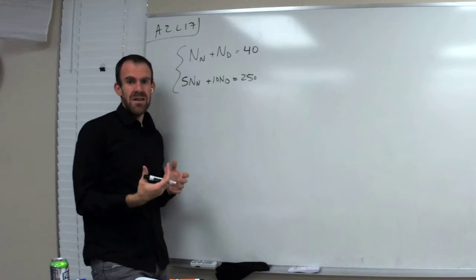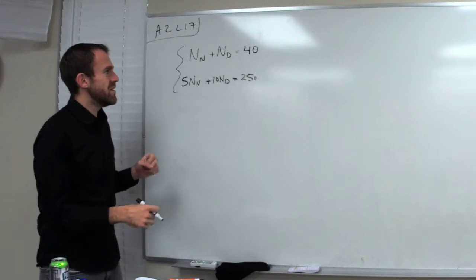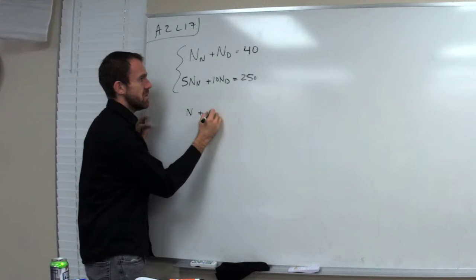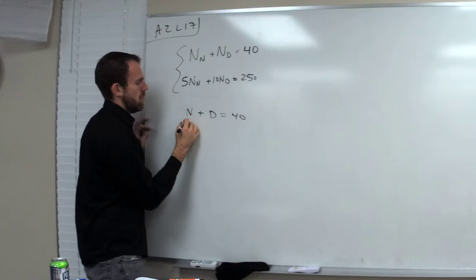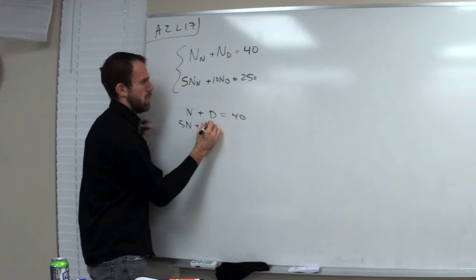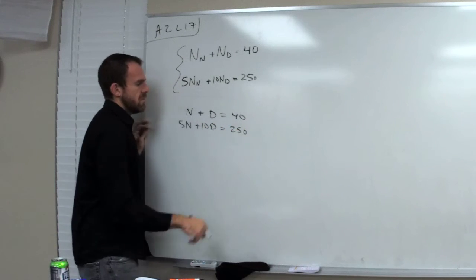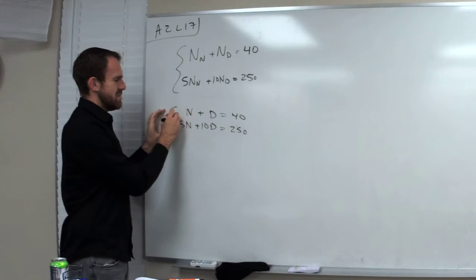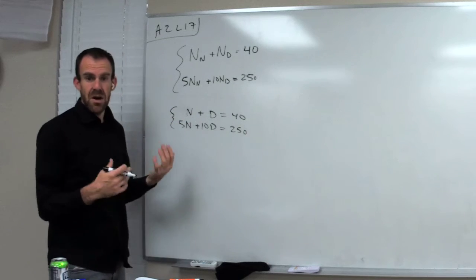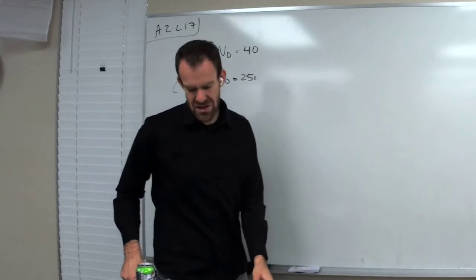Just treat that as one letter, or if it really bothers you, make them different letters. So this problem is exactly the same as this problem, just with different letters. So if the letters bother you, just change the letters.